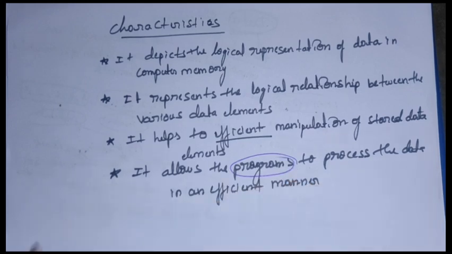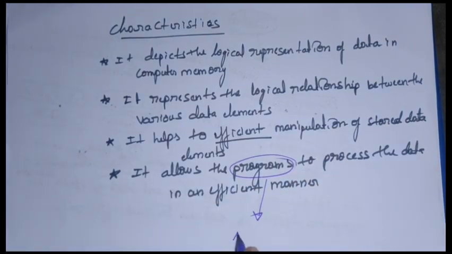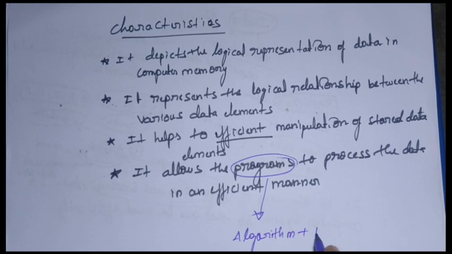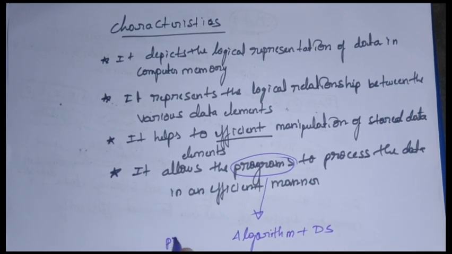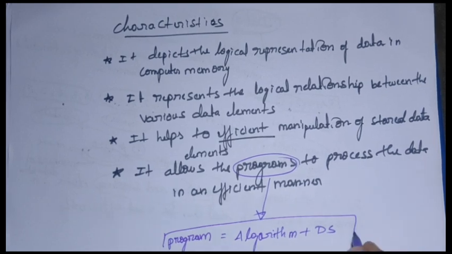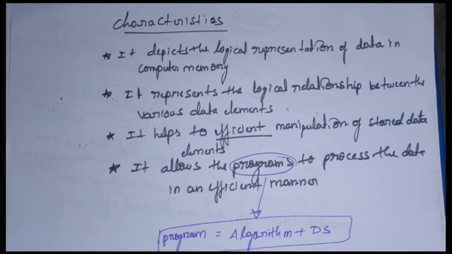What is a program? A program is nothing but a set of instructions. Basically, we have the formula: algorithm plus data structure is what we know as a program. Algorithm is nothing but the step-by-step process to solve a particular problem.